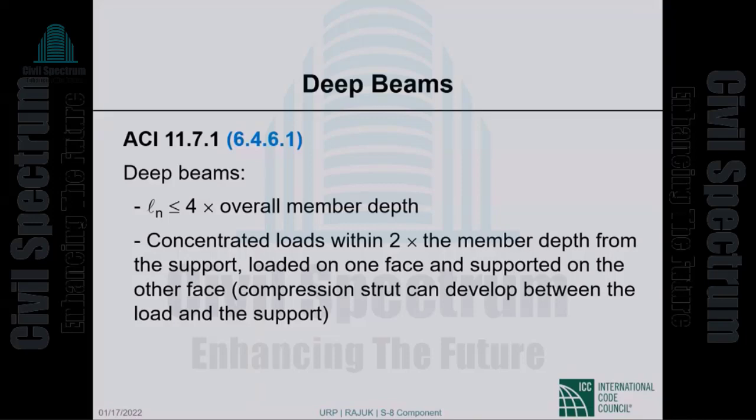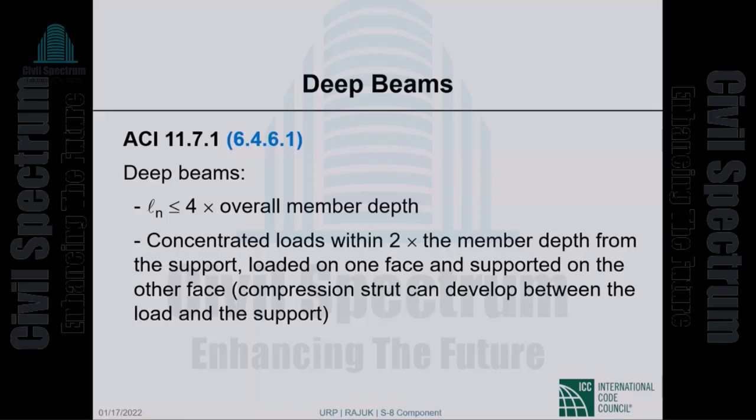Or it could be a portion of a beam where there is a concentrated load within twice the member depth, loaded on one face, supported on the other face, so that a compression strut can develop between the load and the support.